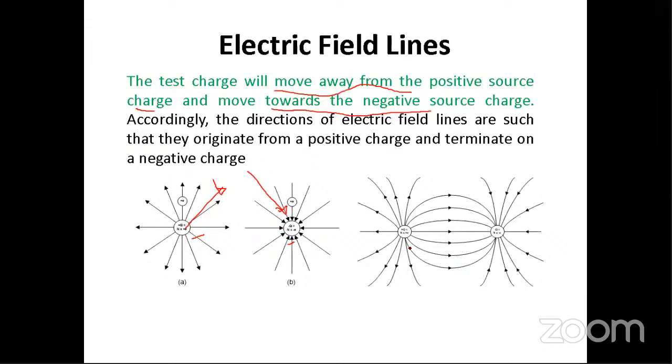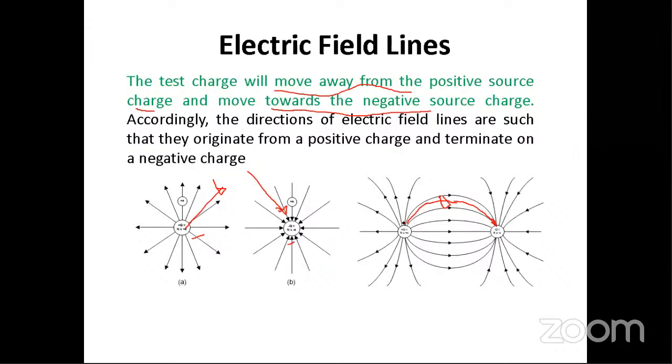So if we consider two charges adjacent to each other, what is the convention? The field lines originate from the positive charge in these directions, and these field lines terminate in the negative charge.